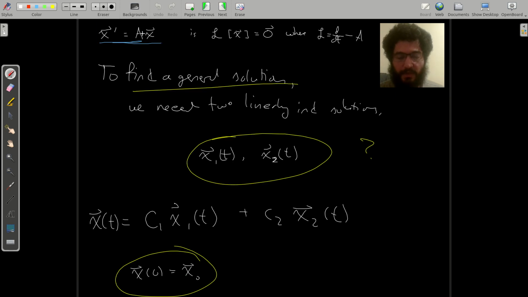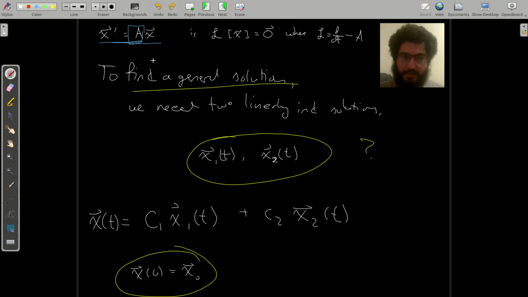So anytime you find an eigenvalue-eigenvector pair for your matrix of coefficients, that will get you one solution to this. Of course, you can always scale an eigenvector, like you can multiply an eigenvector by 2 and that will give you another eigenvector, but that does not get you any more here because you need two linearly independent solutions.